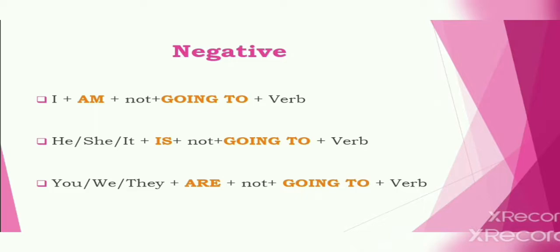You, we, or they plus are plus not plus going to plus verb. For example, I am not going to help you. She is not going to help you. You, we, they are not going to play football, for example.